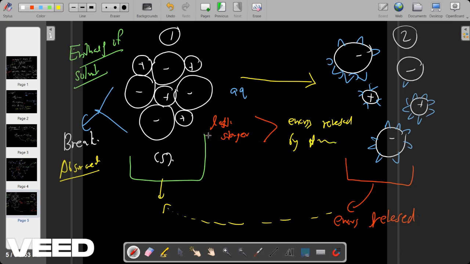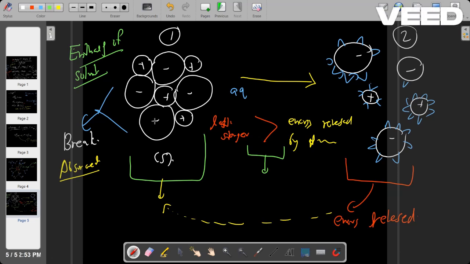Then if the lattice is stronger than the energy released, is it endothermic or exothermic? If the lattice is stronger, it is endothermic. You need more energy. Lattice is stronger, lattice requires more energy. Then it is endothermic.